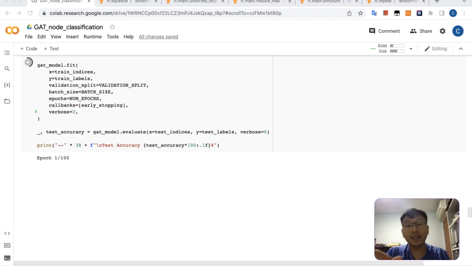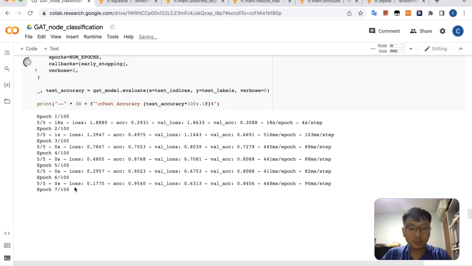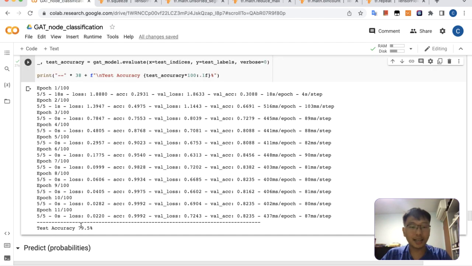Now I put back all the links in the data set. Okay, what will my accuracy be? So it looks like the links do play a role in this graph neural network. Okay, the accuracy is higher.